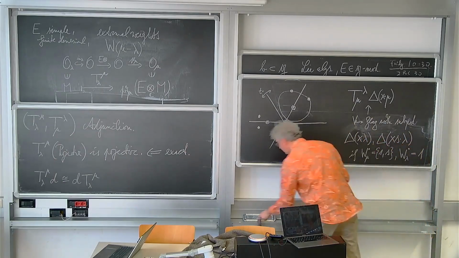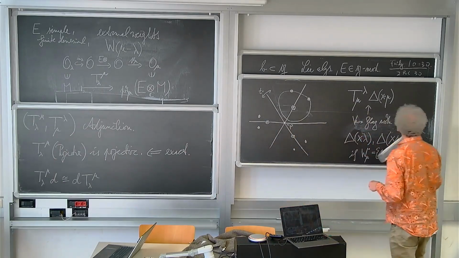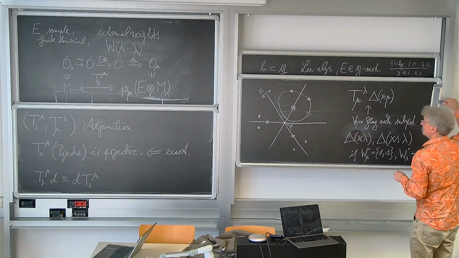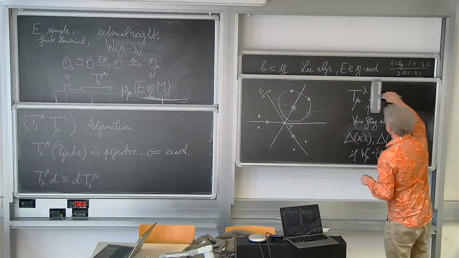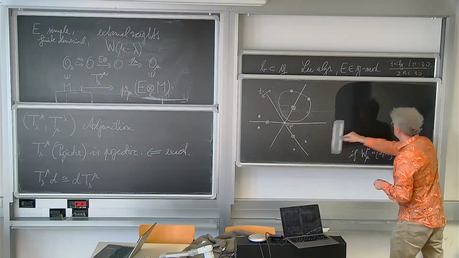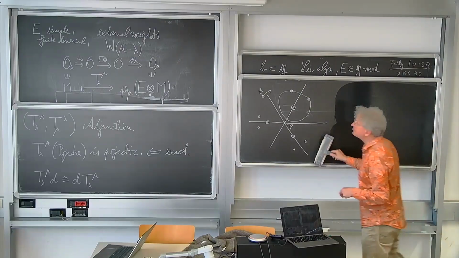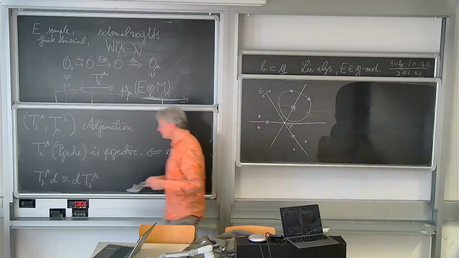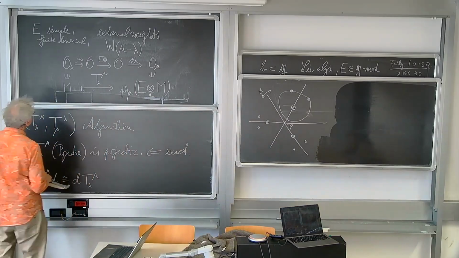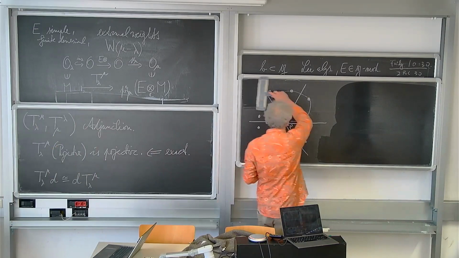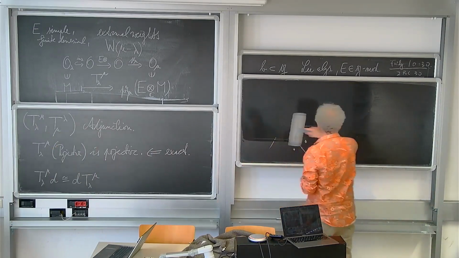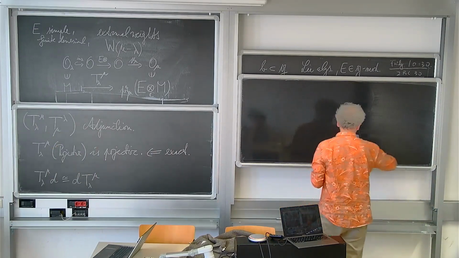Okay. And now I need some sort of description of these anti-dominant projective objects to be able to translate it.